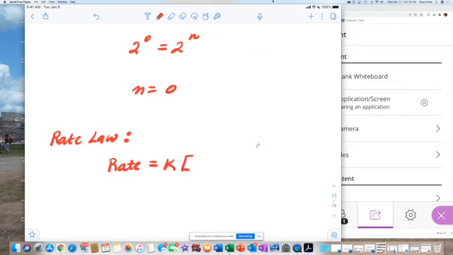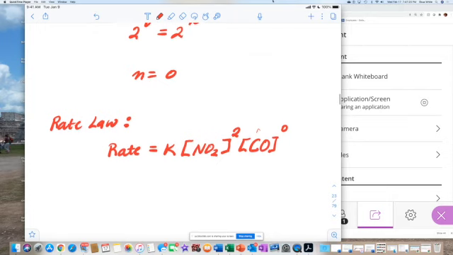K, open parentheses, open bracket, NO2, close bracket, raised to the power 2, and then CO raised to the power 0. Remember we said anything raised to the power 0 is 1.